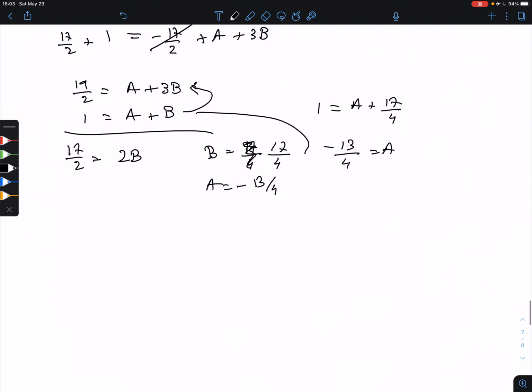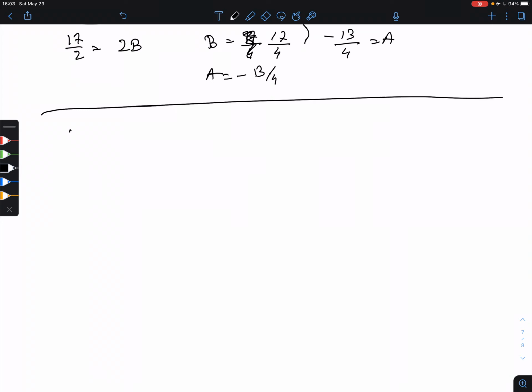So let's look at another final example. Let's see, 4y double prime plus 4y prime plus y equals e to the minus x over 2 times 3x.